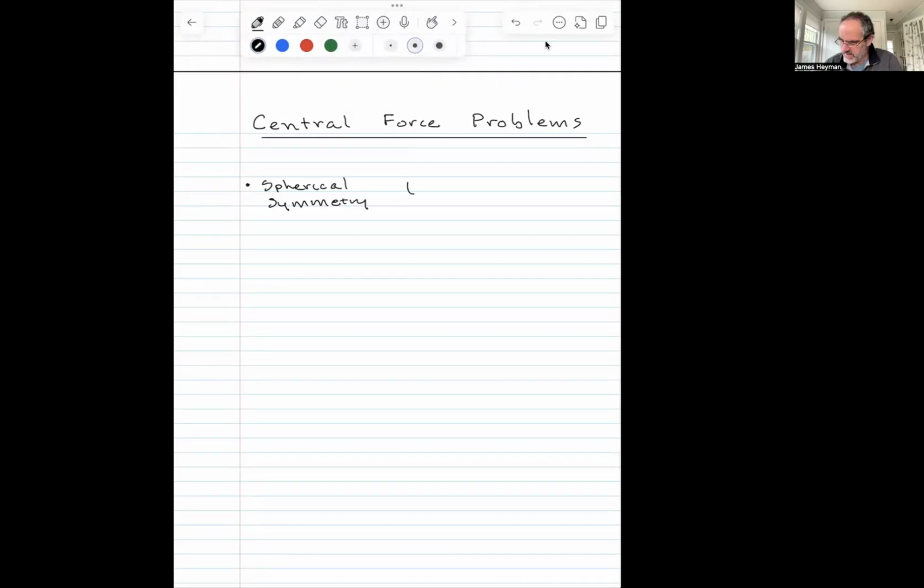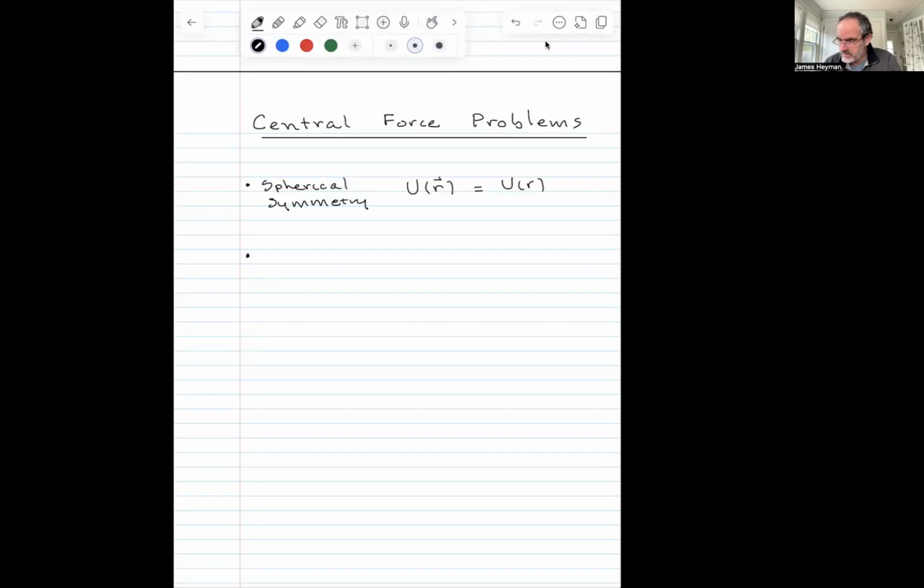What that means is that the potential energy, which in principle might depend on position in any possible way, is a function only of the distance from the origin, like this. These problems are really interesting because there are many problems that behave like central force problems, one of them being the hydrogen atom. Okay?